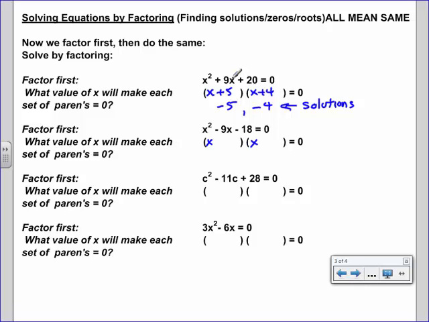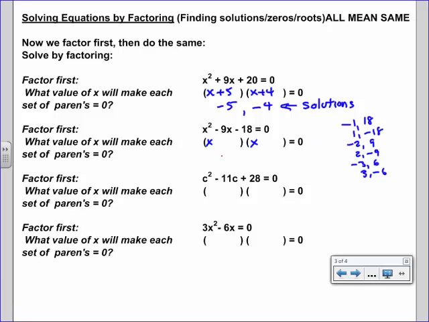If it has to be one positive and one negative, okay, so if we add these up, none of these will add up to -9, so this would be not factorable.